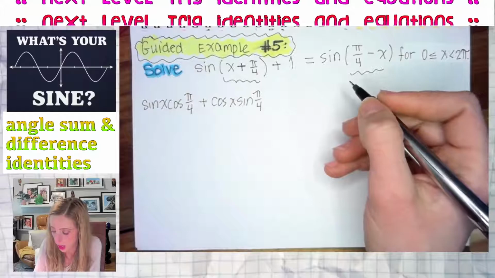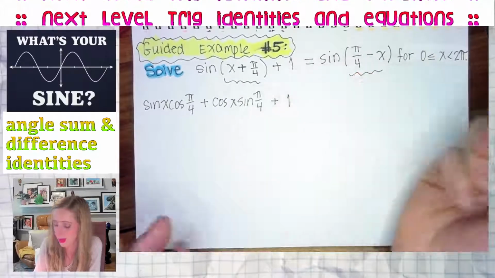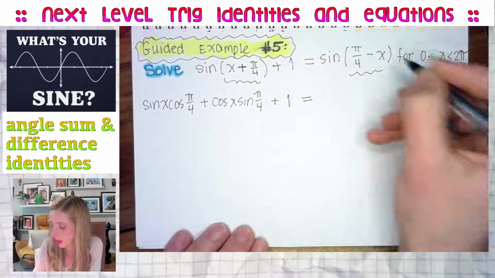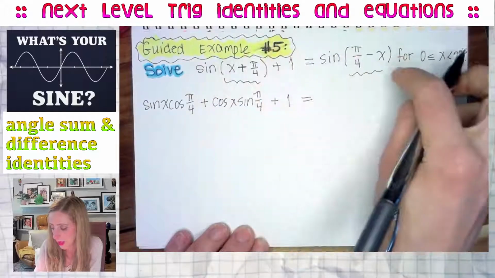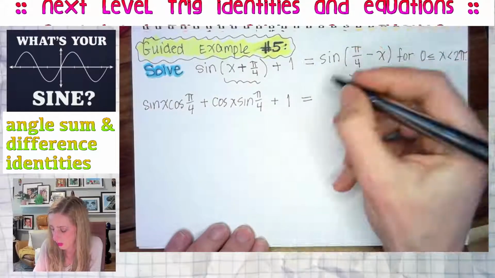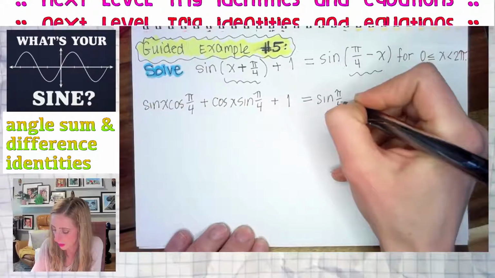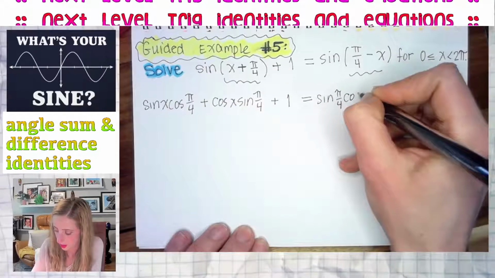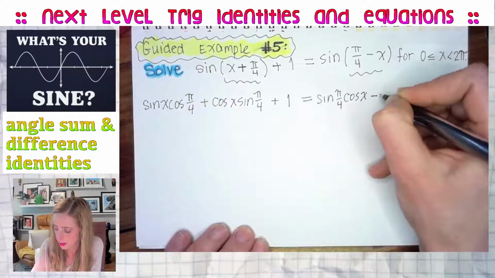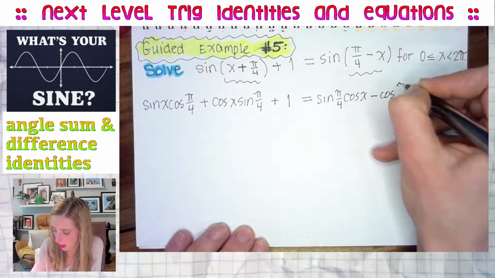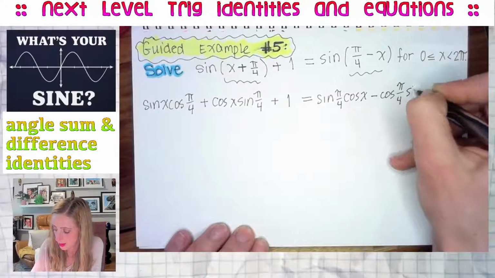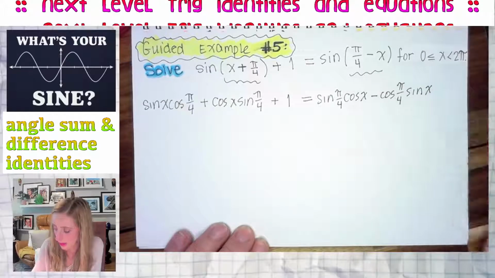Think about it, rewind, press pause, do what you got to do. Plus 1 equals, same idea, minus, and they're in a different order, so alpha and beta are a bit switched. Sine of alpha cosine of beta minus cosine of alpha sine of beta.